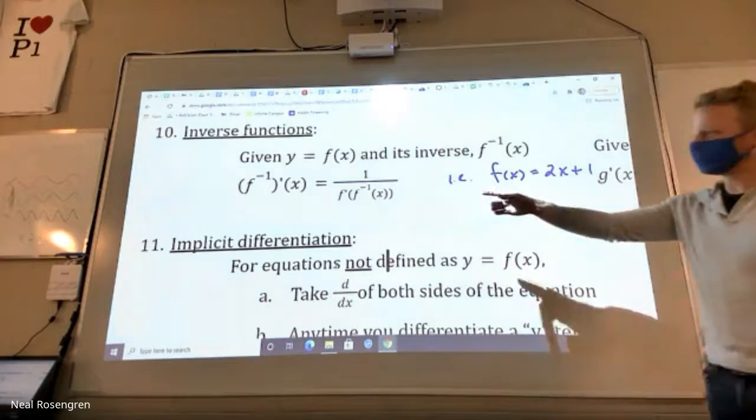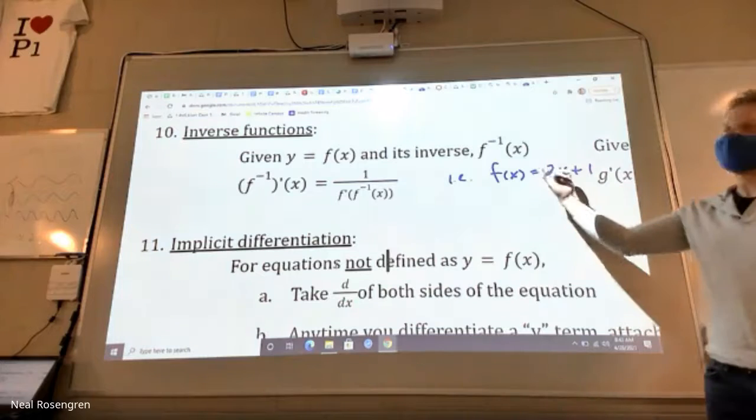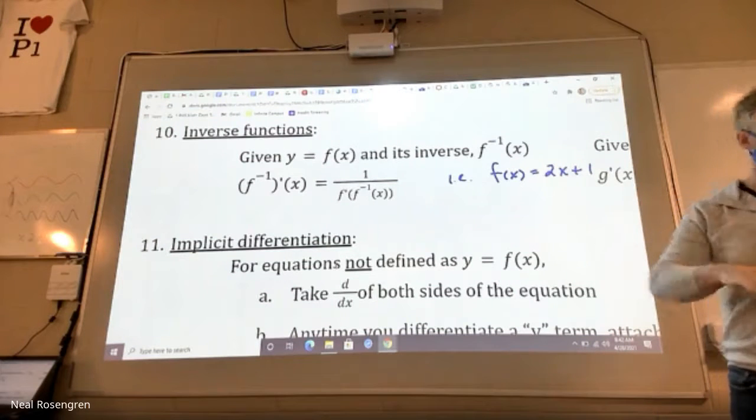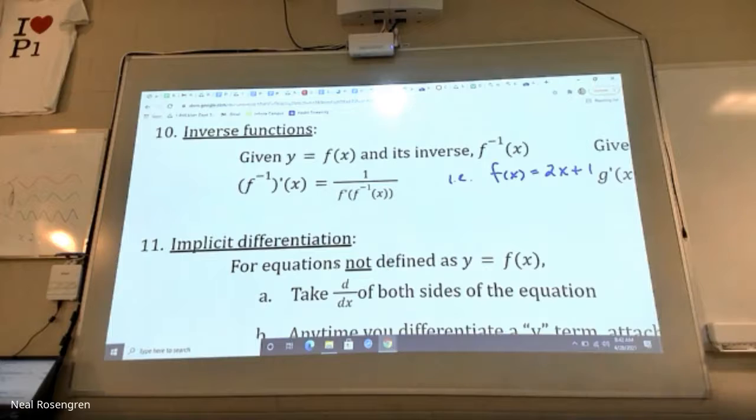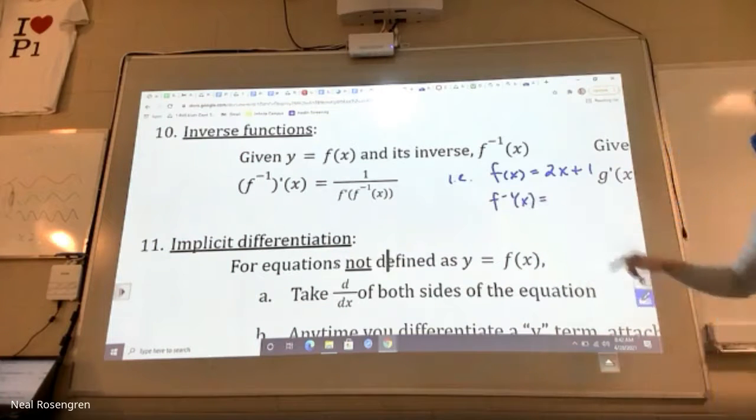Well, the issue is that I need to know what the inverse is first. That would be, switch x and y, solve for y, like old Algebra 2 stuff. And maybe you could see what that inverse might be just by looking at it.